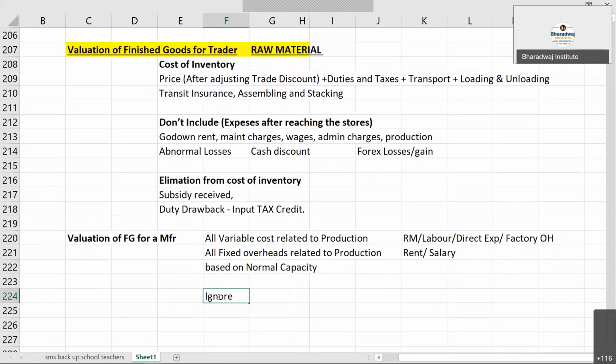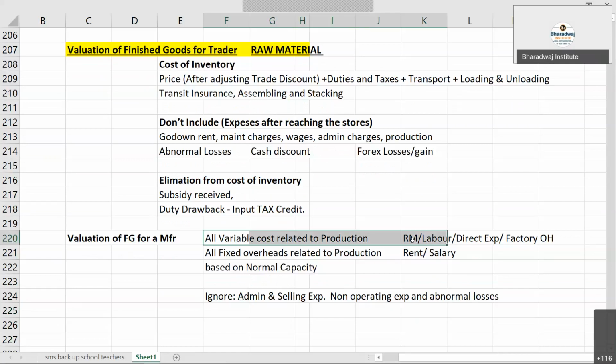Ignore administration and selling overheads. It may be fixed or variable, please ignore it. Non-operating expenses and abnormal losses should not be counted for valuing finished goods of manufacturers.